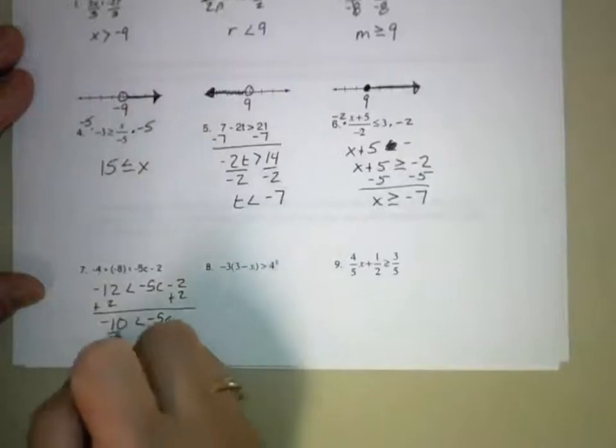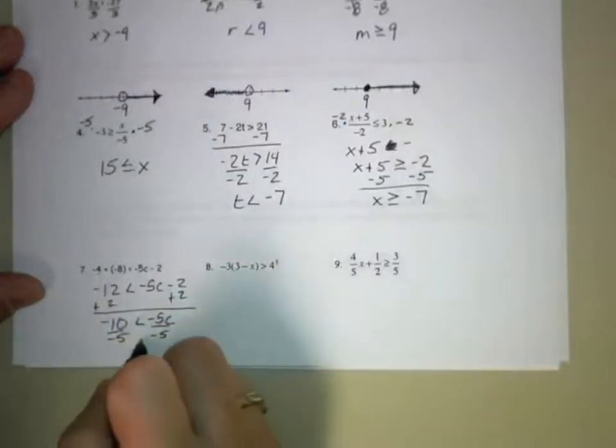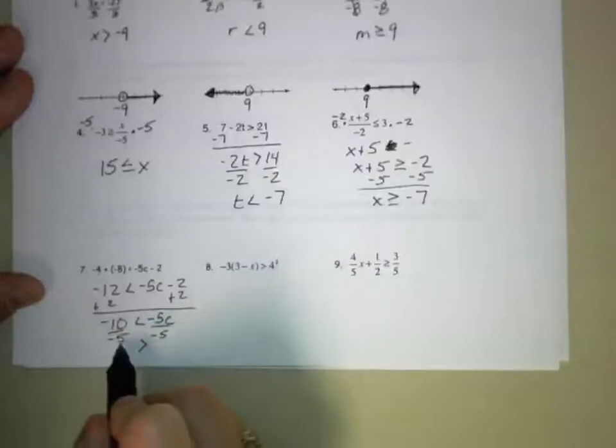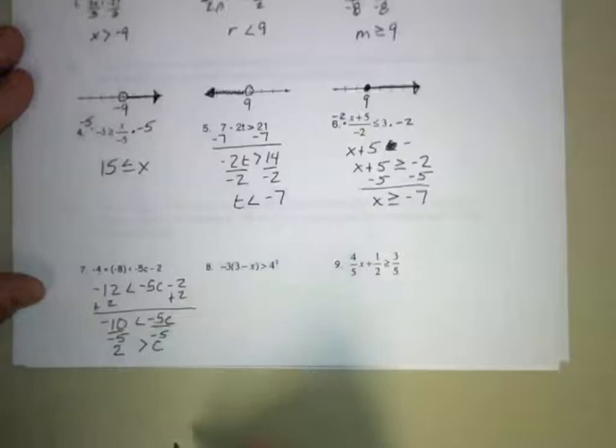Dividing both sides by negative 5, divided by a negative, so you have to switch your sign. Negative 10 divided by negative 5 is 2, and that becomes 2 is greater than c.